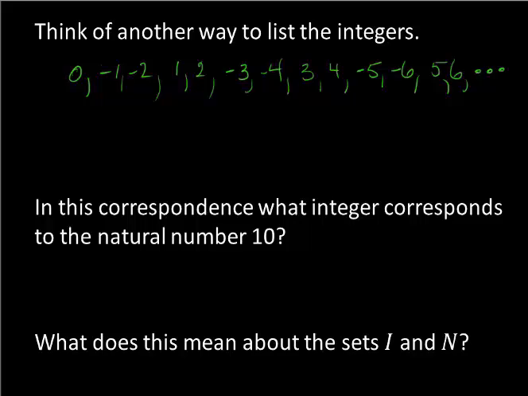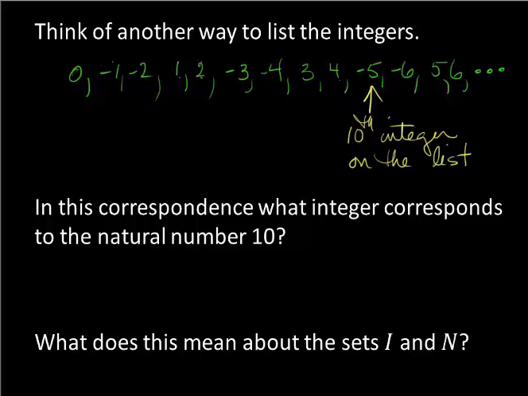You can see a method by which I did the listing, and they are all on the list, each only once. So let's answer the question, what integer now on this list corresponds to the natural number 10? We just count over 1, 2, 3, 4, 5, 6, 7, 8, 9, 10. Well, minus 5 is the 10th integer on the list.